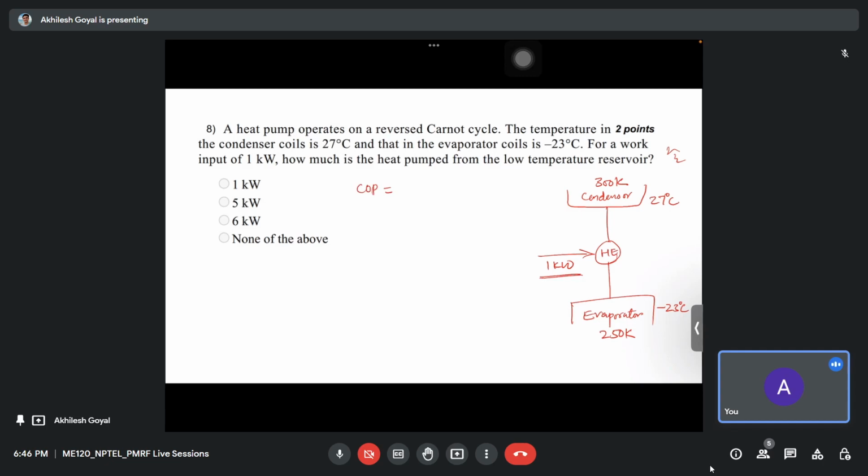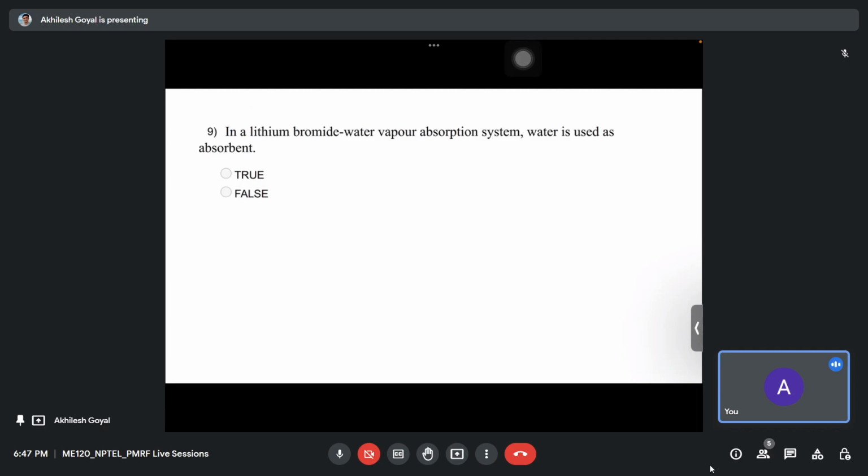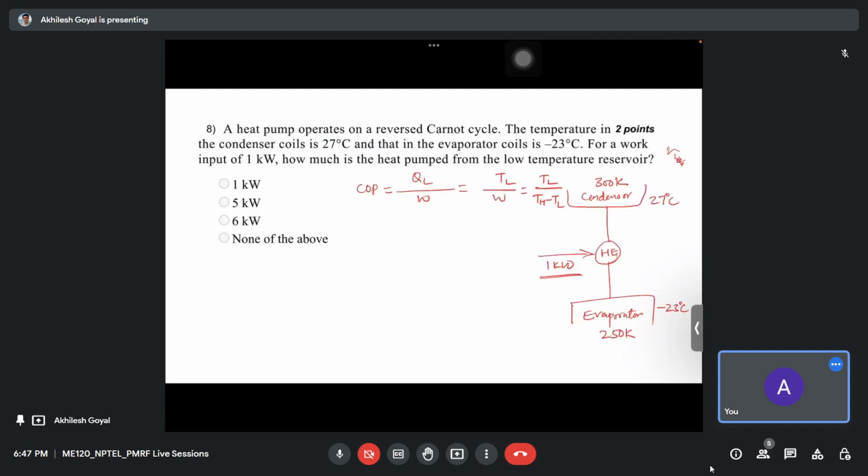For refrigeration, the coefficient of performance is the desired effect, QL, divided by W, and that can be given as TL divided by TH minus TL, that is, temperature of the cool environment divided by the temperature of the hot environment minus the temperature of the cool environment.